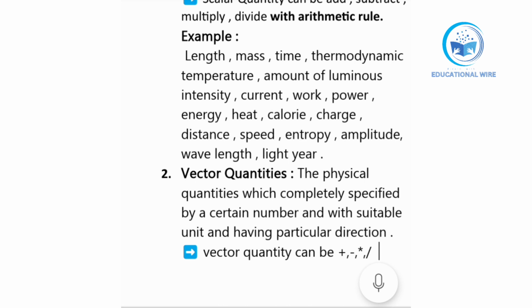But with which rule? With algebra rule. Vector quantity can be added, subtracted, multiplied, divided with algebra rule.